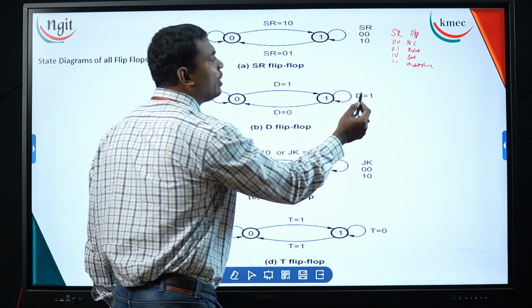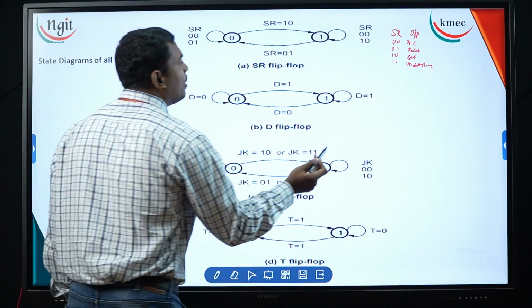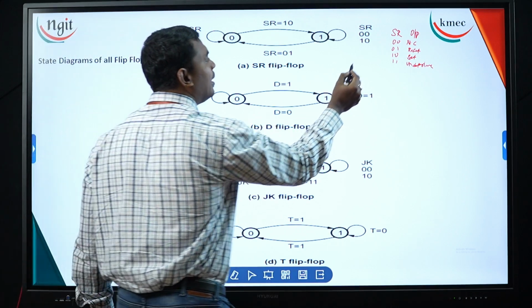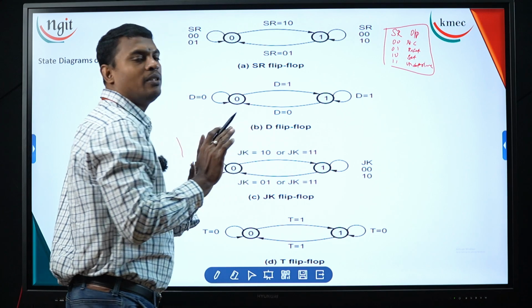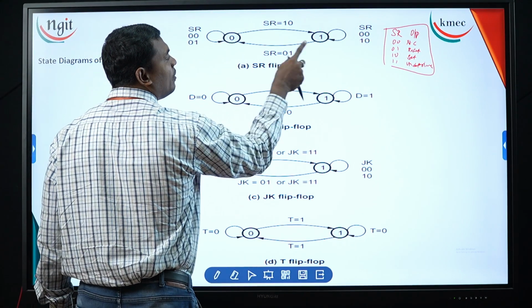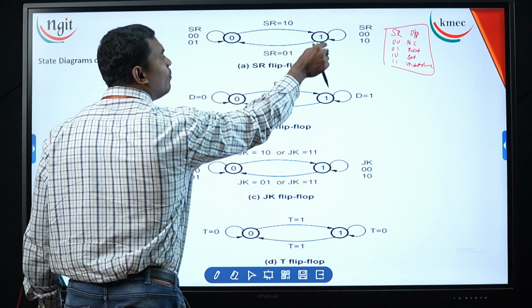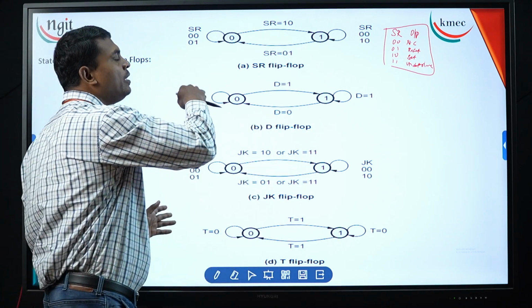This is the functionality table of my SR flip-flop. Now, how can this functionality table be represented using a state diagram? The output is either 0 or 1. With the help of this table, I can tell that it contains only either a 0 value or a 1 value. So I am taking 0 as one state and 1 as the other state. Now we will see when the transition occurs between 0 and 1.